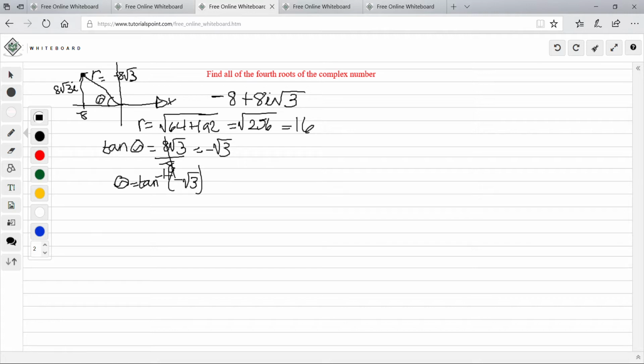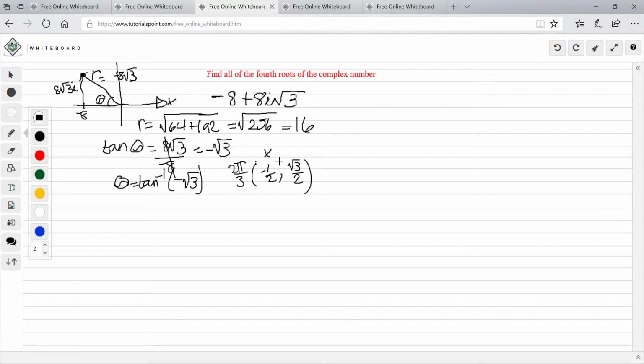What angle in radians has a tangent of negative root 3? We could try 2 pi over 3. What coordinates does 2 pi over 3 have? It has negative 1/2 comma root 3 over 2.